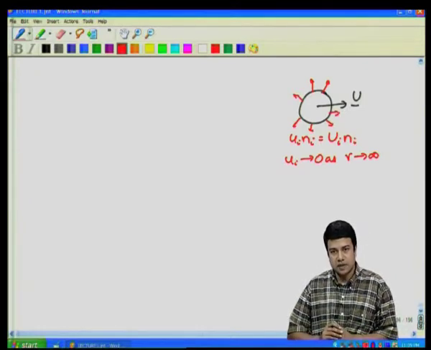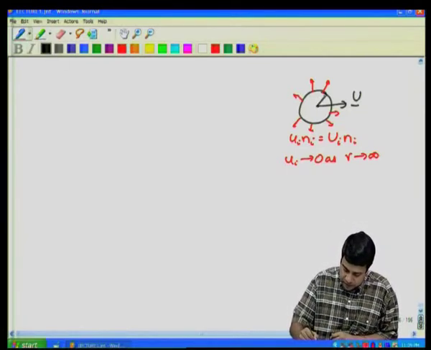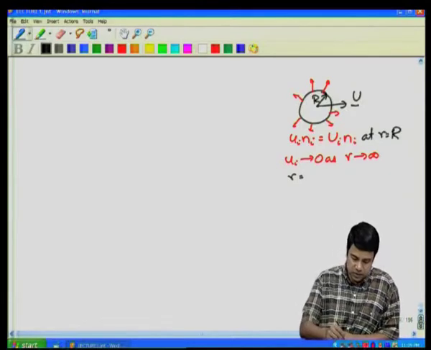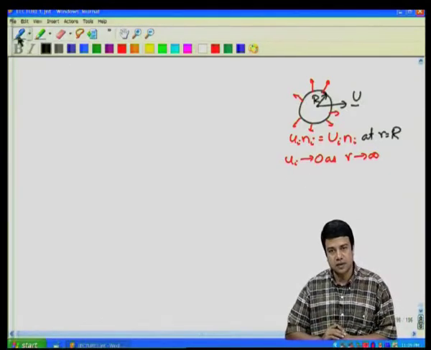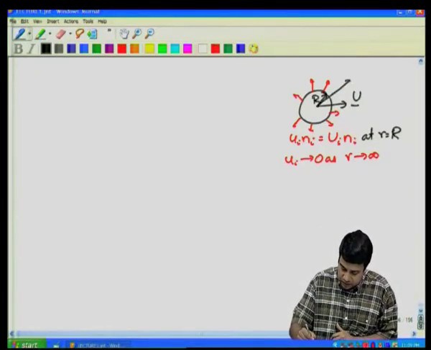Now, without loss of generality, of course, you can place the origin of the coordinate system at the center of the sphere, so that the surface of the sphere is basically given by r is equal to capital R. So, I use a spherical coordinate system in which the center of the coordinate system is at the center of the sphere. And then I have my radius vector r and angle theta.